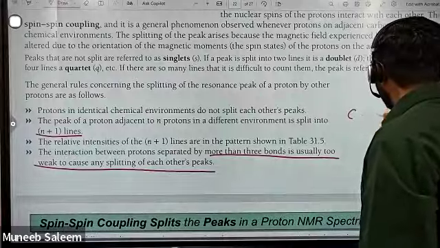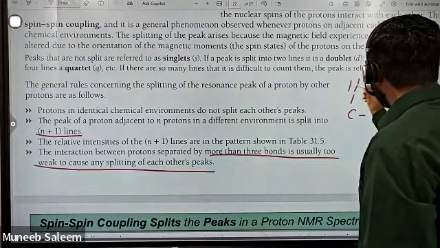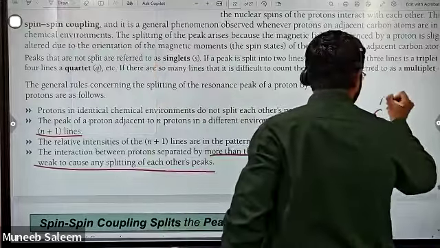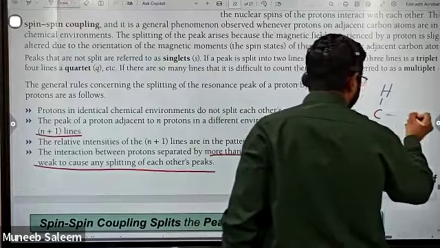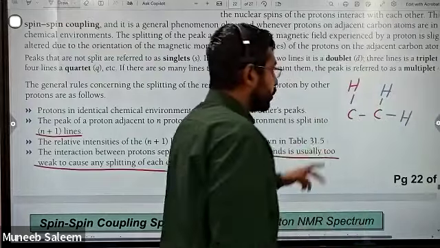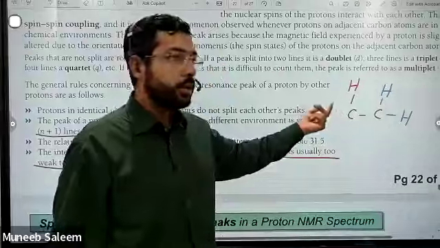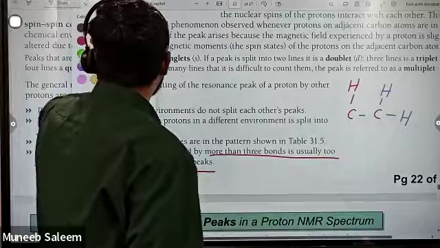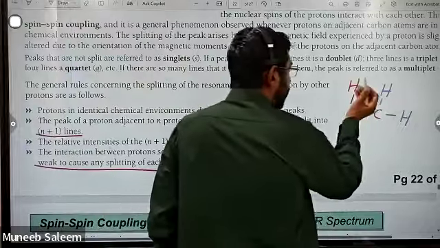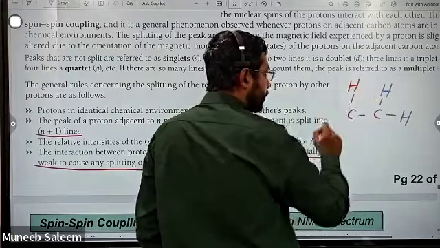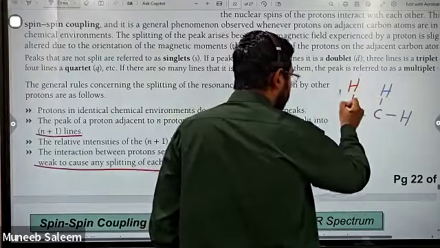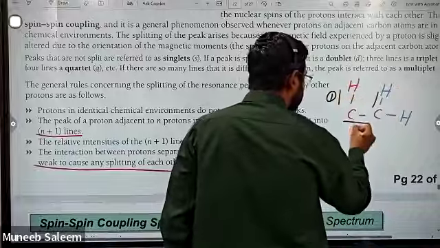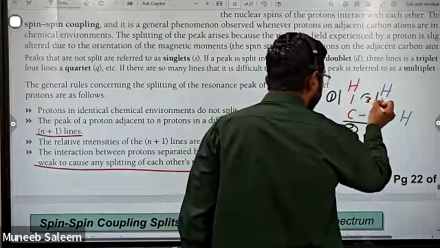Let's suppose I have 2 carbon atoms, this one has 1 hydrogen atom and this one has its own hydrogen atoms, let's suppose 2 hydrogen atoms on this carbon. You can also take their distance in terms of bond distance. Bond distance means you need to count how much distance is covered by the bonds. If I want to move from the red hydrogen atom to the blue hydrogen atom, then I will count like this: 1, 2, and 3. One bond distance, the second bond distance, and the third bond distance.